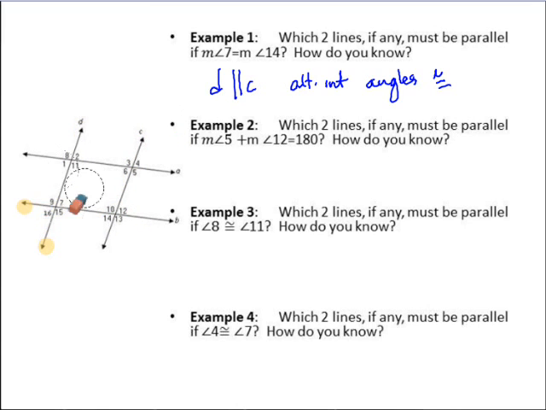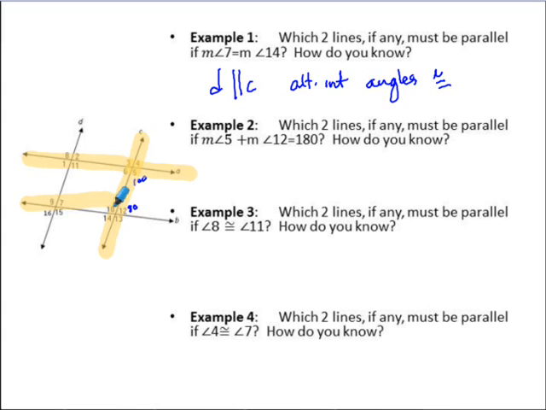I'm going to erase mine, so either erase yours or give yourself a new setup. What about if 5 and 12 are supplementary? So 5 right here and 12, if these two are supplementary. Now I'm just going to give them values. These values are just made up, they aren't real, but I want them to add up to 180 so I can see them. Again, I'm going to do the same thing. Angle 5 is made with those two.